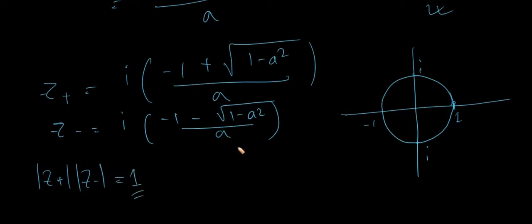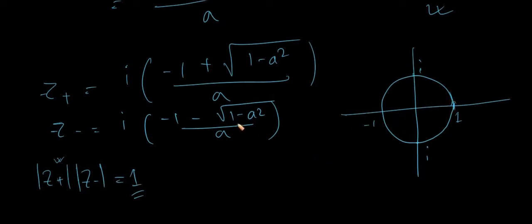Now that means either both of them are 1, or one of them is greater than 1 and one of them is less than 1. If you just calculate their moduli, you will see that none of them is equal to 1. So one of them is greater than 1, one of them is less than 1, and they are in such a manner that when they're multiplied together, they give us just 1.